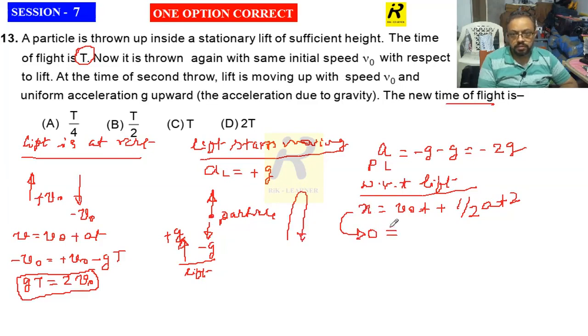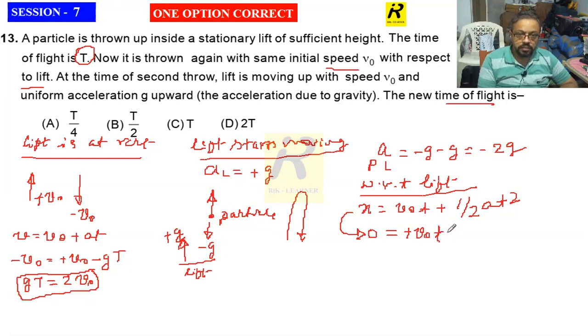So this is equal to the initial velocity of the particle, and you must be careful here. It is thrown again with the same velocity V0 with respect to the lift. So with respect to the lift means I have to put here a plus V0, which is upward, into t.